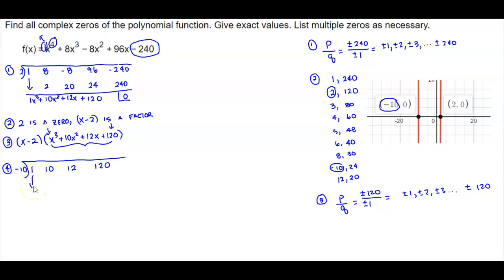So let's go ahead and confirm that. Bring down the 1. Negative 10 times 1 is negative 10. 10 minus 10 is 0. Negative 10 times 0 is 0. 12 plus 0 is 12. Negative 10 times 12 is negative 120, and that gives us a remainder of 0.